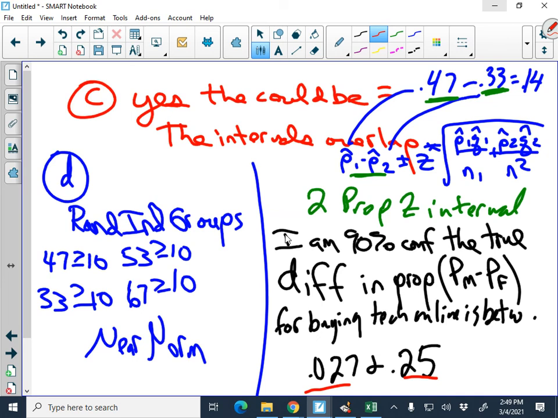We're going to talk about this, but this one tells us, now, I should have added a couple questions, so I'm going to add some talking points here. What this would tell us is the males definitely have a higher percent of buying tech online. Okay? It's 3 to 25% higher for the males. Conclusive, according to this.